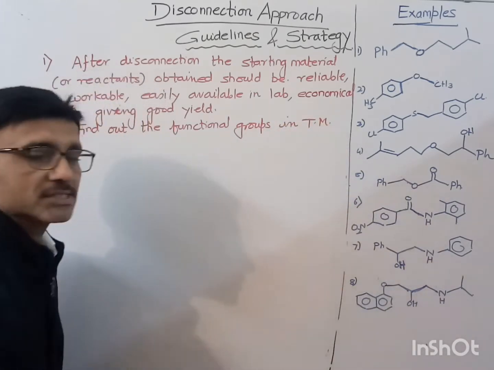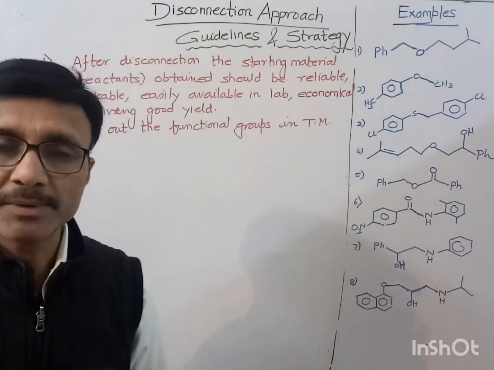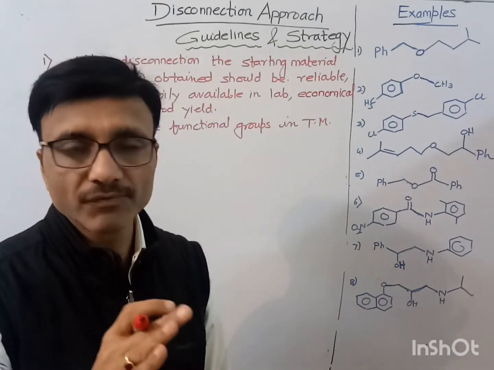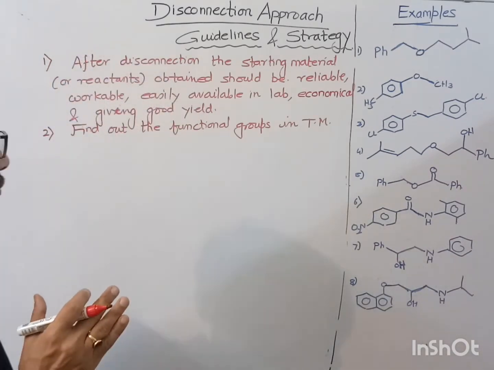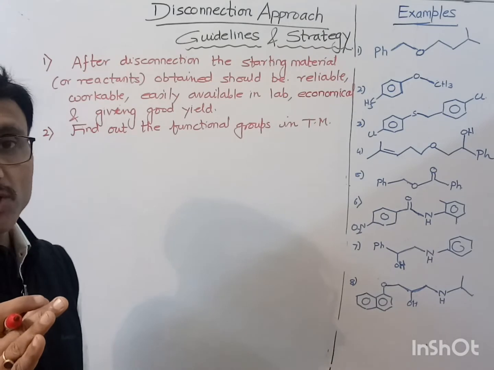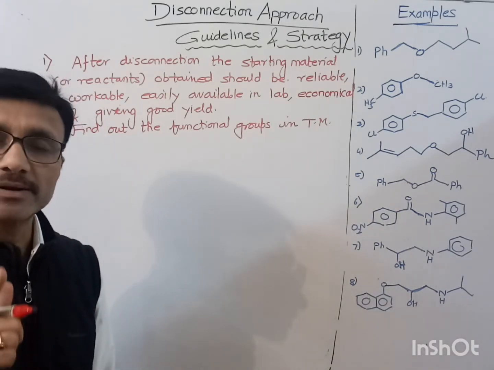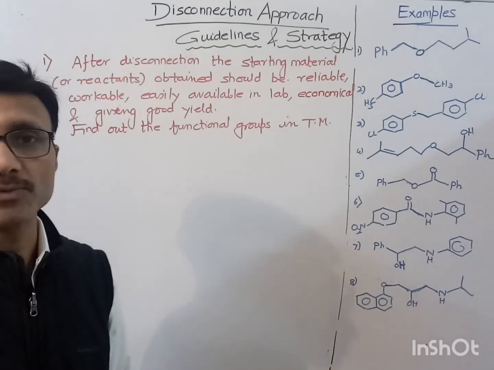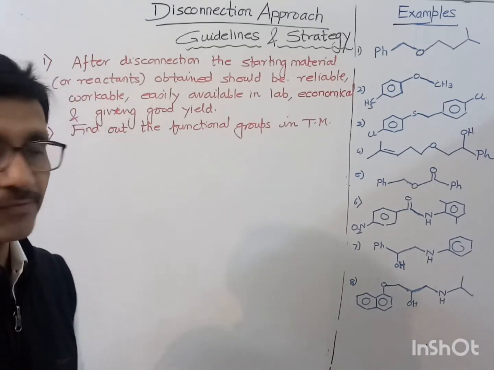The functional group, for example, may be alcohol, amine, amide, or ester. After finding the functional groups, we should see which functional group is the reactive one, and that reactive functional group should be disconnected first.